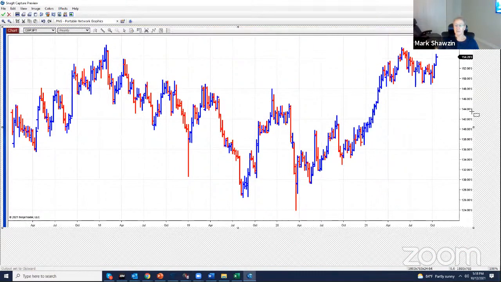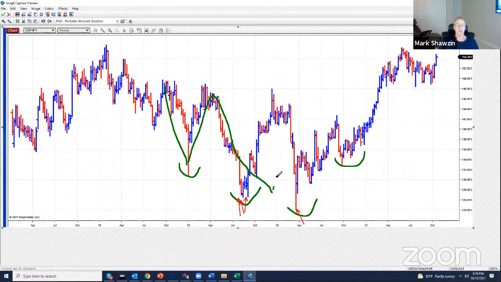So we have what is called an Eve and Adam double bottom. An Eve is where you have two attempts or multiple attempts at a certain low, and an Adam is just a single. So you have a double bottom, whatever you want to call that, and then you have this inverted head and shoulders, which just looks like an upside down man or woman's head and shoulders.